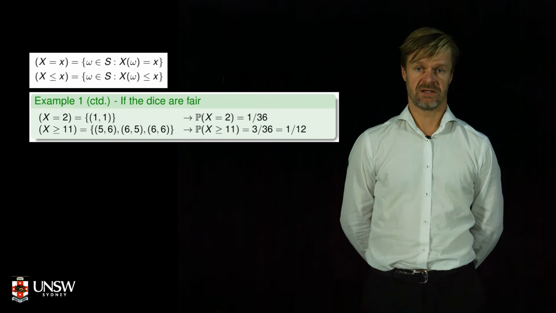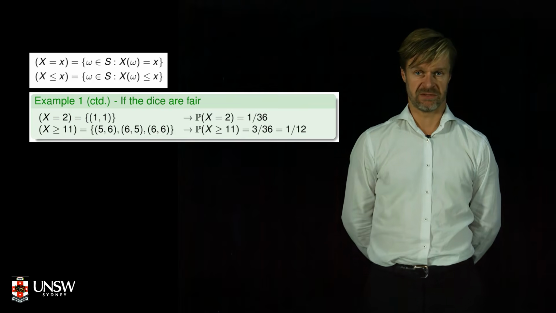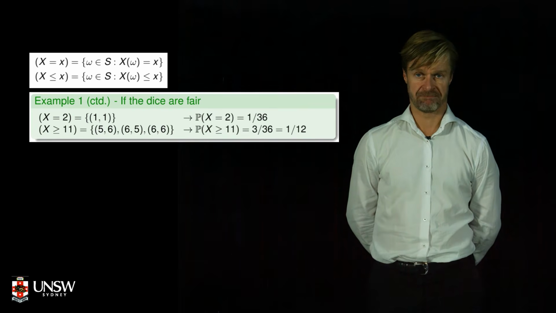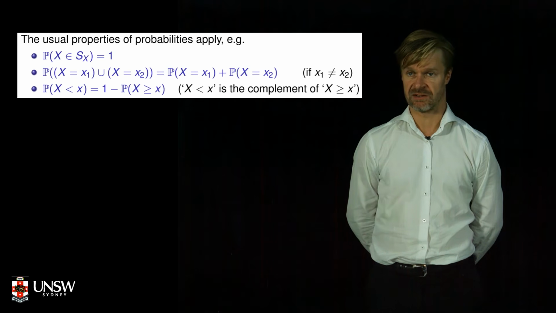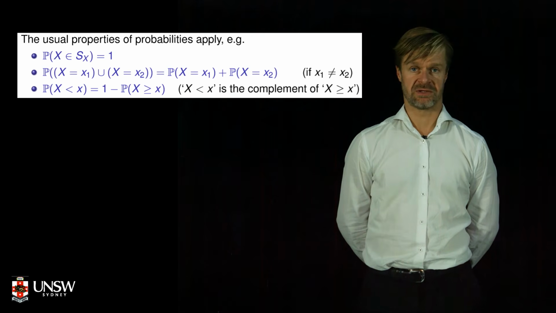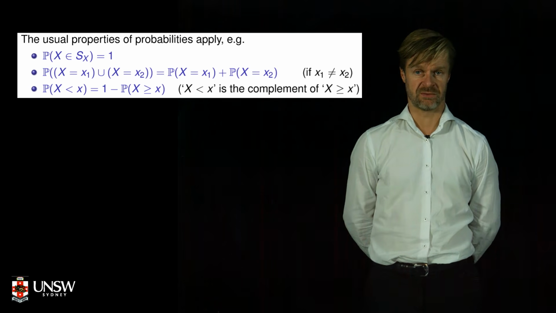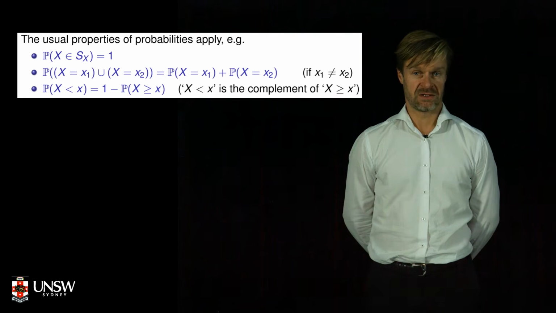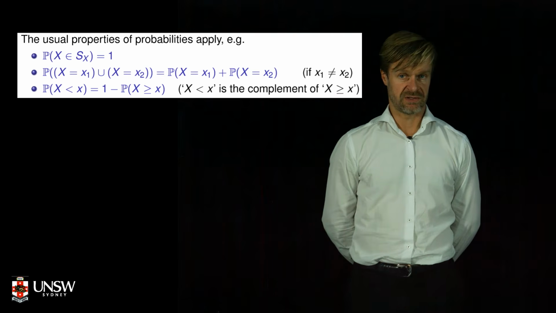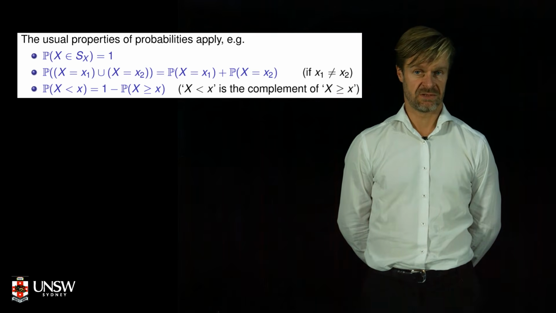So we can apply rules of probability to random variables, and the usual rules apply. The probability of getting a value of X that's in the set of possible values for X is equal to 1. Two different values of X are mutually exclusive.